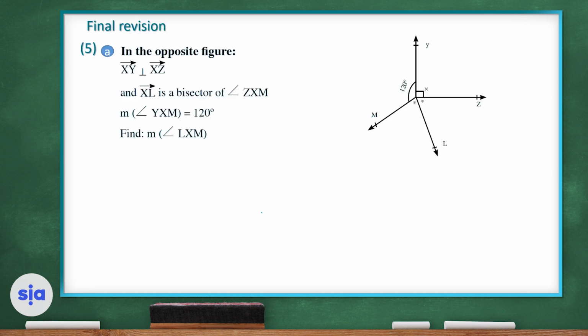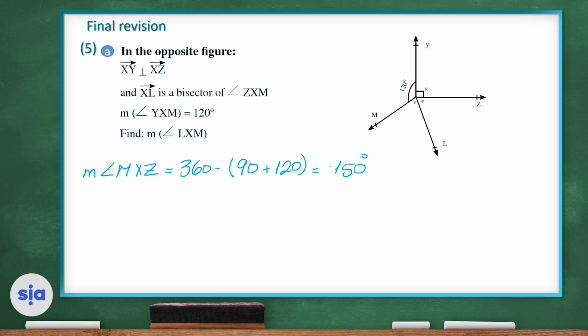Question 5a. In the opposite figure, XY ray is perpendicular to XZ ray and XL ray is a bisector of angle ZXM, and the measure of angle YXM is 120 degrees. How can we find the measure of angle LXM? As you can see here, the measure of angle MXZ is equal to 360 minus the sum of 90 and 120, which is equal to 150 degrees.